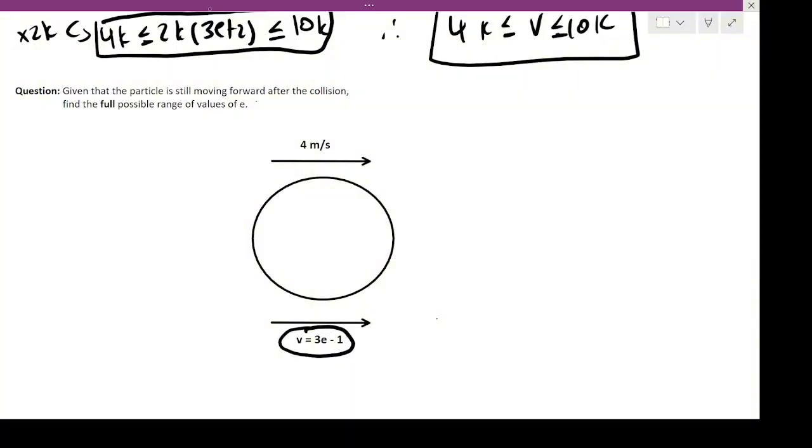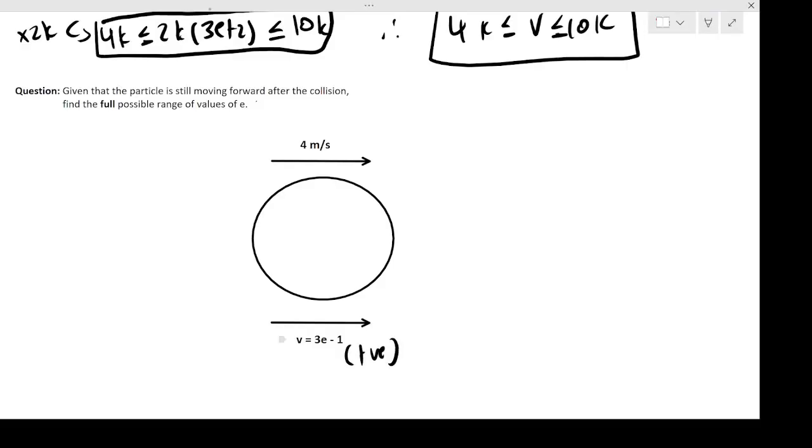It could be negative or positive, okay, depending on what values of E we plug in. Okay, so we want to preserve the direction. It must not be changed. We must not reverse it, we must not flip it. So that means it has to be kept positive. My value must be positive here, so that we do not flip the direction, because it has to be going forward. Hopefully happy with that.